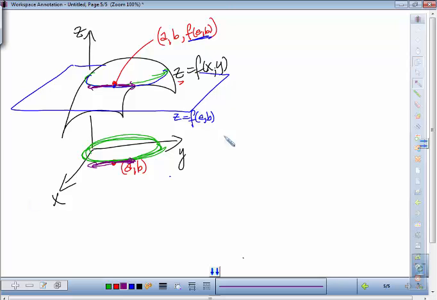So what are we saying? We're saying that along this path, let's make the path r of t.